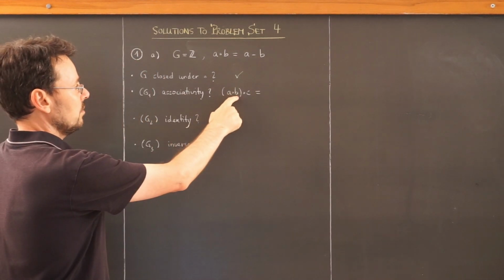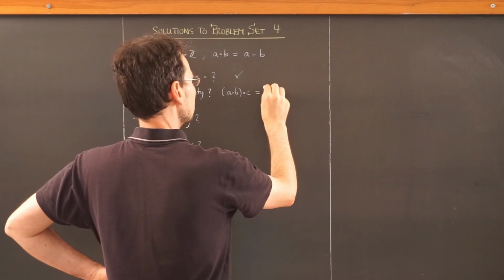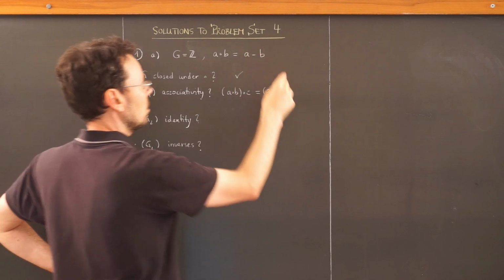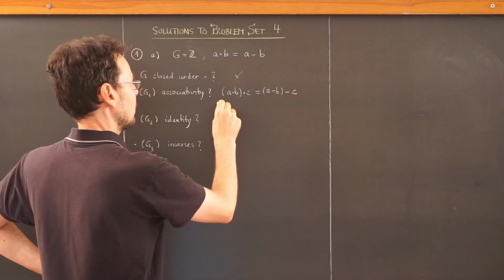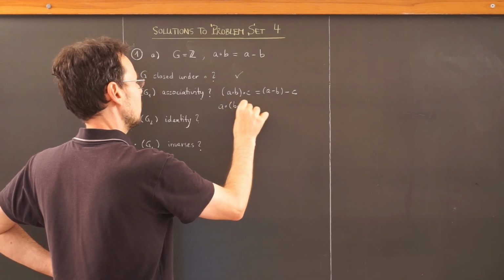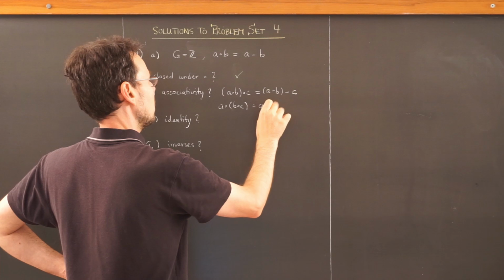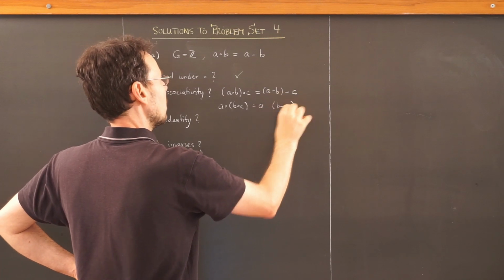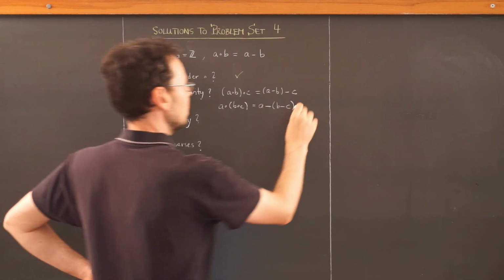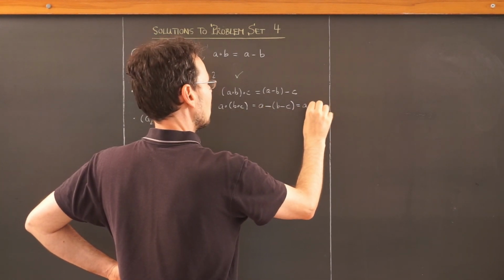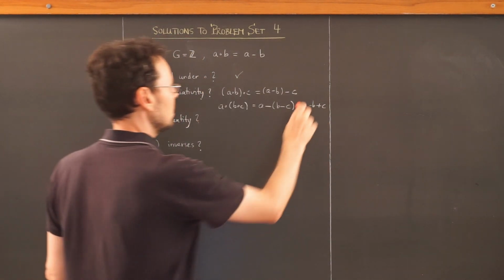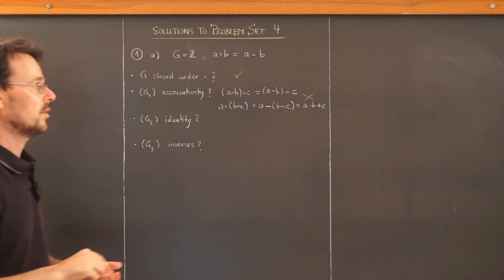(A circ B) circ C is by definition (A minus B) minus C, whereas A circ (B circ C) would be first B minus C, and then A minus that, which is A minus B plus C. So we see, nope, they are not the same.